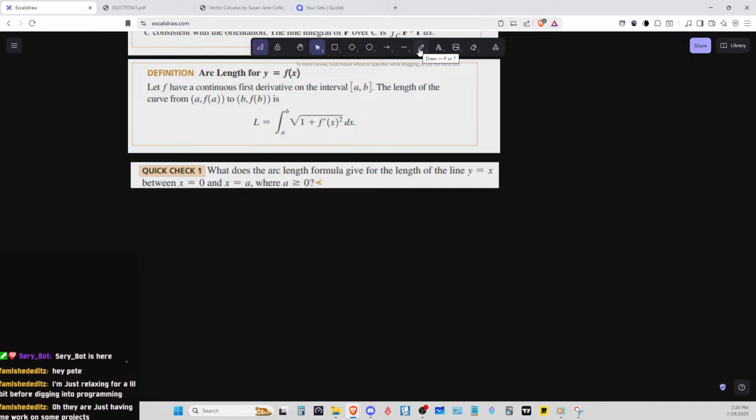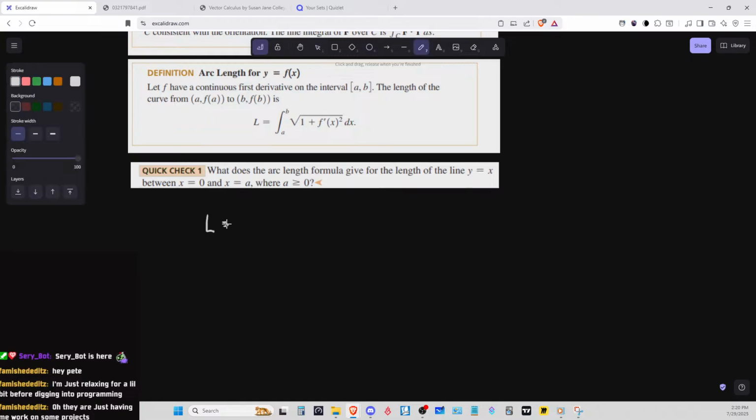Alright, so the arc length, let's just familiarize ourselves with the notation. It's the integral of the square root of 1 plus the derivative of f squared. In this case, y is equal to x, which is similar to saying that f of x is equal to x.